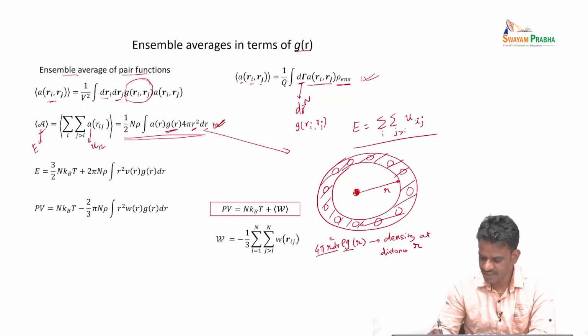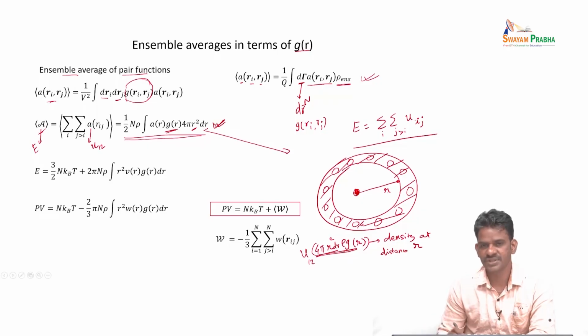That means this particle is interacting at the same distance r with this set of particles around this shell. So at this particular distance there are so many pairs, and we multiply this with the pair interaction energy u12 corresponding to this distance. That gives the energy between this particle and the entire shell.